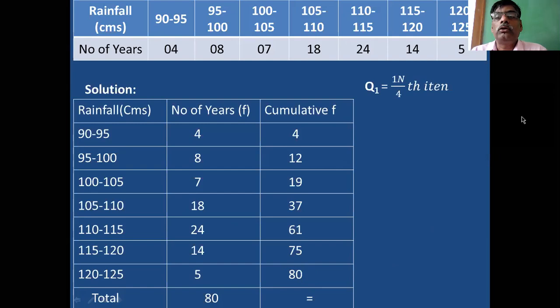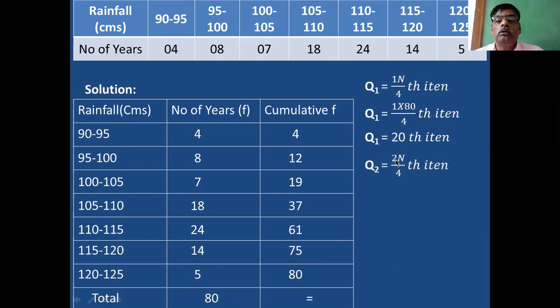And how to calculate Q1, Q2, Q3? Q1 is equal to N divided by 4. Total N is 80. 80 into 1 divided by 4 is equal to 20. The 20th item you have to find, that 20th item is called Q1. And Q2 is equal to 2N divided by 4th item. 2 into 80 divided by 4 is equal to 40th item.